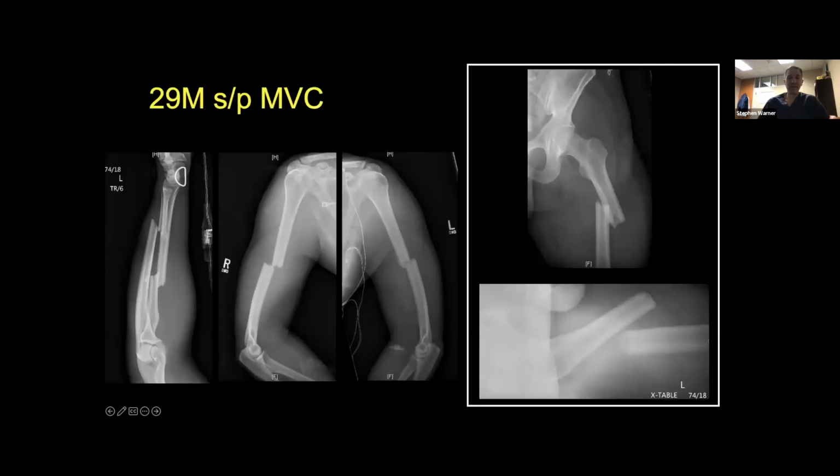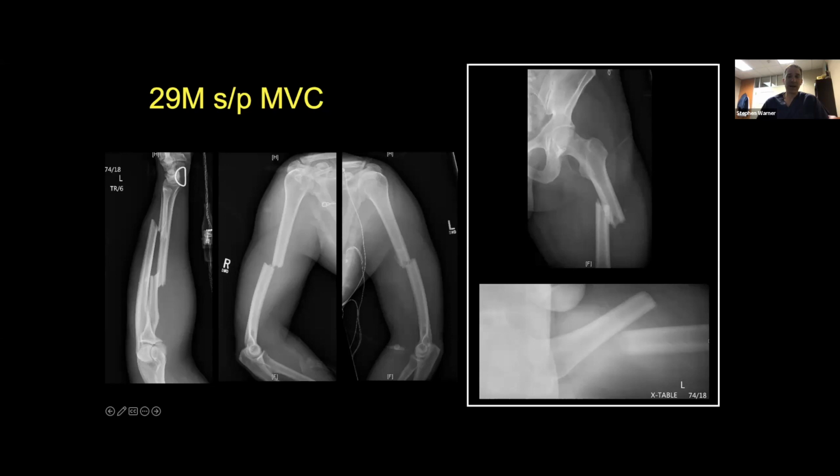First case here, unlike Mitch, who doesn't have any losses in his career, I have several, so I will certainly present a loss here. This is a 29-year-old with a high-speed MVC, has these injuries, which you can see here: bilateral humeri fractures, a forearm fracture, as well as this proximal femur fracture.